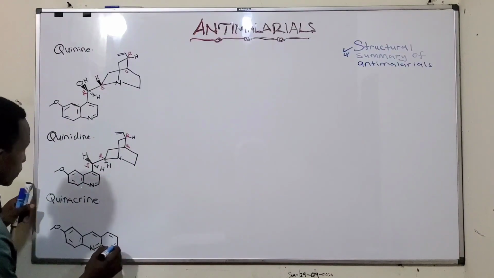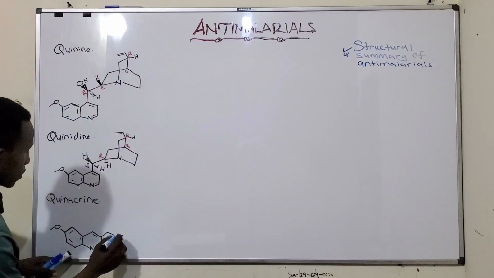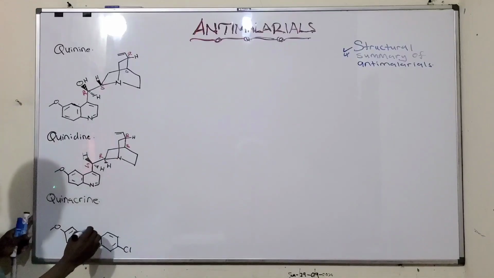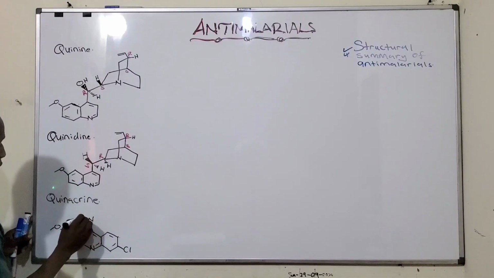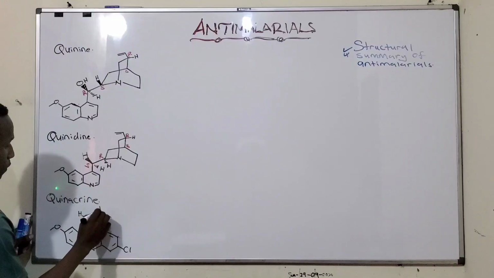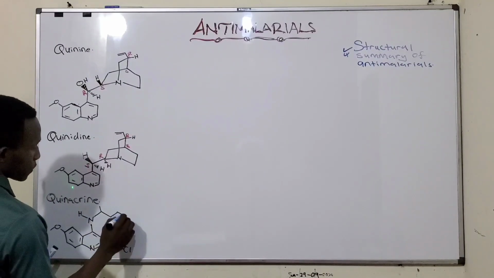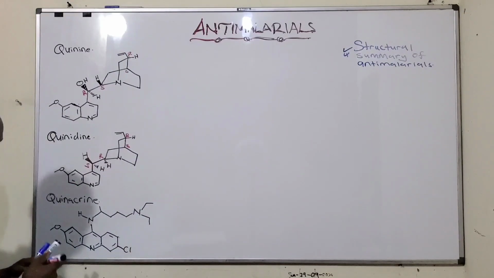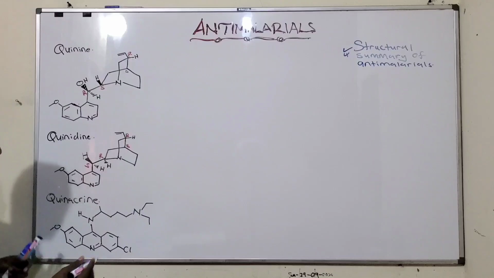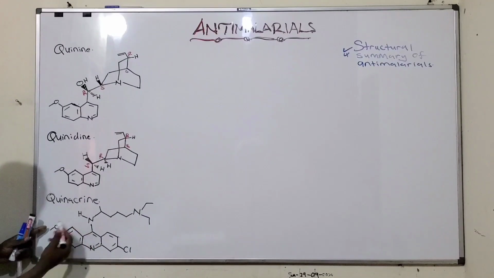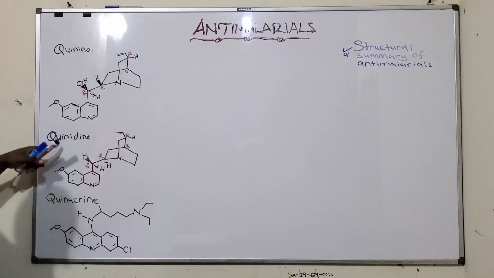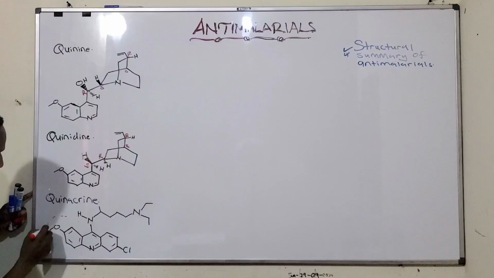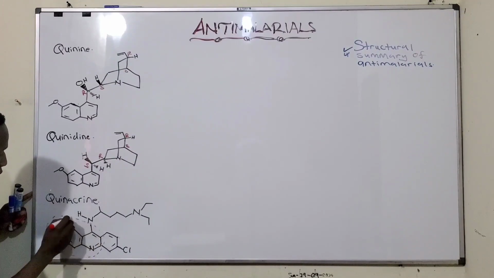Then this position here is a chlorine atom. So this is quinacrine. You can see that here it is the same structure as that of quinine and quinidine, this part.